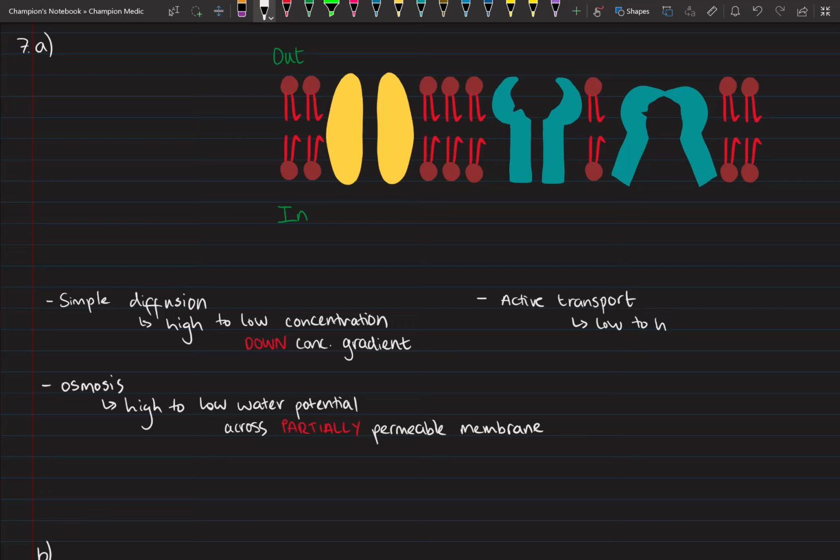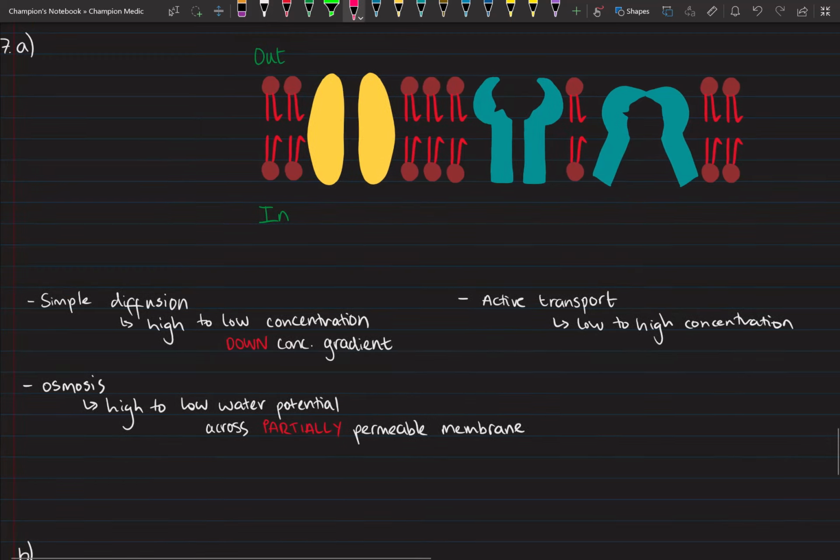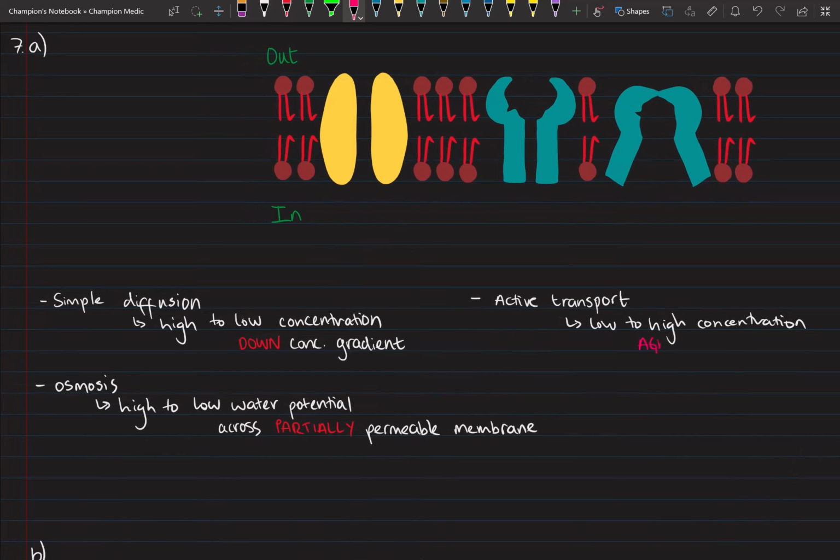That's the exact opposite of simple diffusion, and it goes against the concentration gradient. Active transport also requires ATP energy, so that point gets you a mark as well.